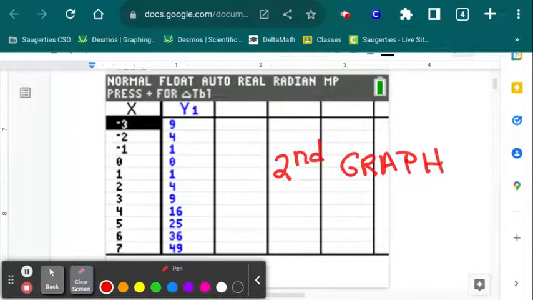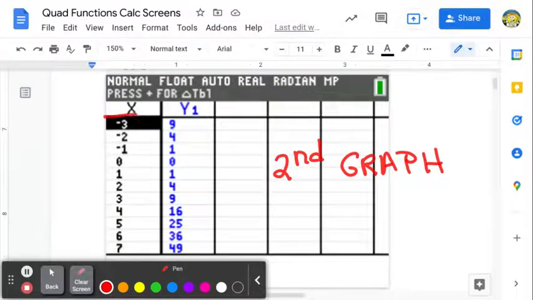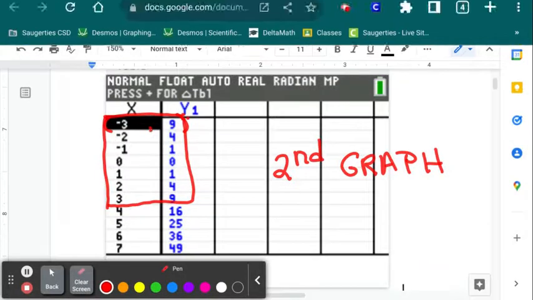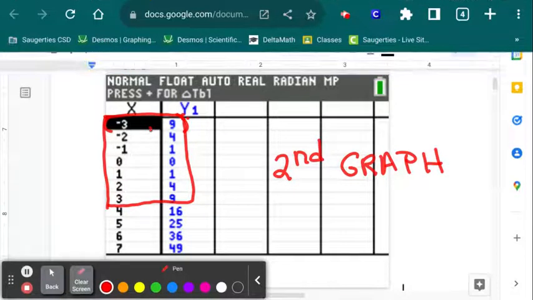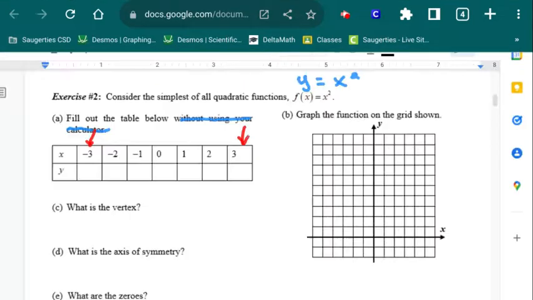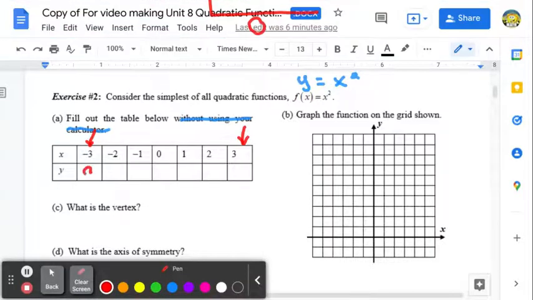So what I am going to do is copy from here to here. Okay, remember these make points: when x is -3, y is 9. So I'm going to go back to my Google Doc and enter this information in. 9, 4.